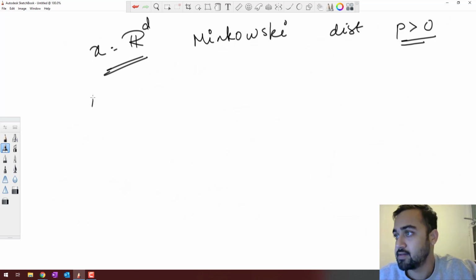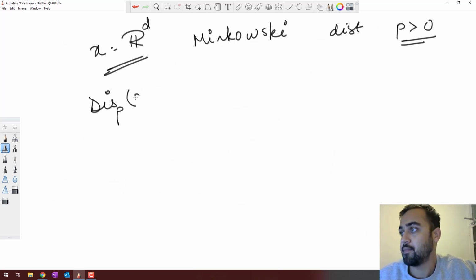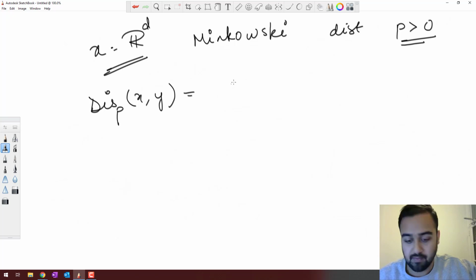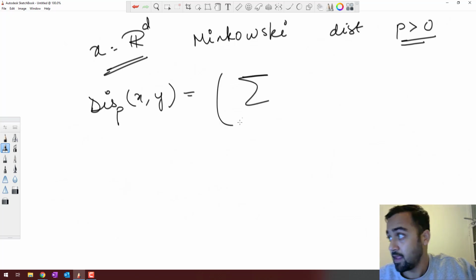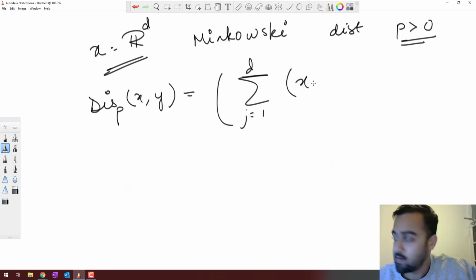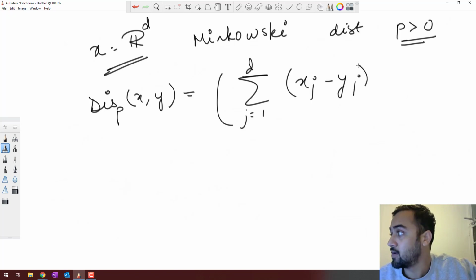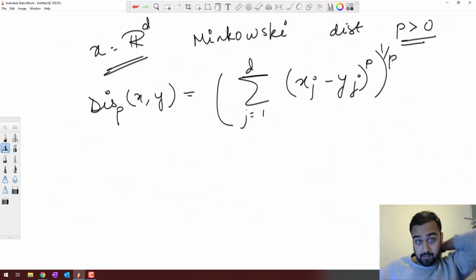So you see the distance between x and y is the sum of the absolute differences xj minus yj to the power p, whole to the power 1 by p.